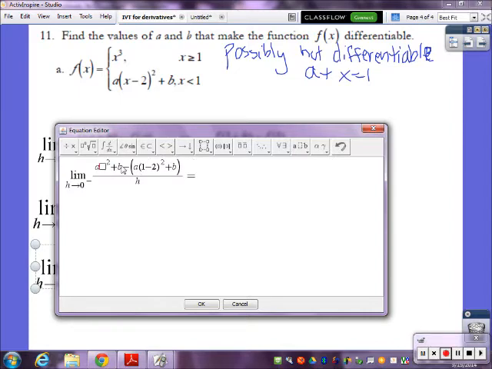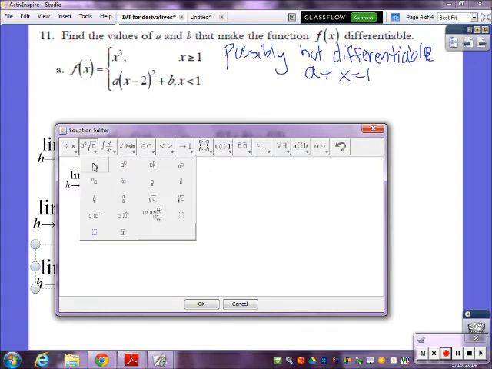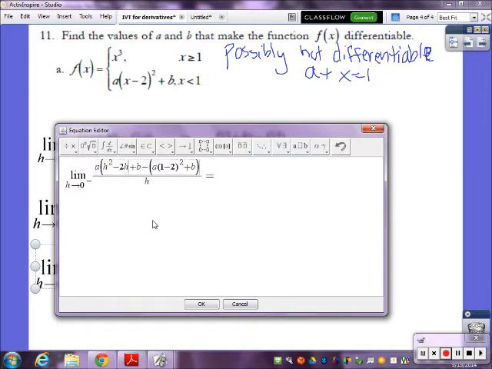So let's see. So that would be h squared minus 2h plus 1. And then over here I have 1 minus 2, which is negative 1, squared, which is 1.